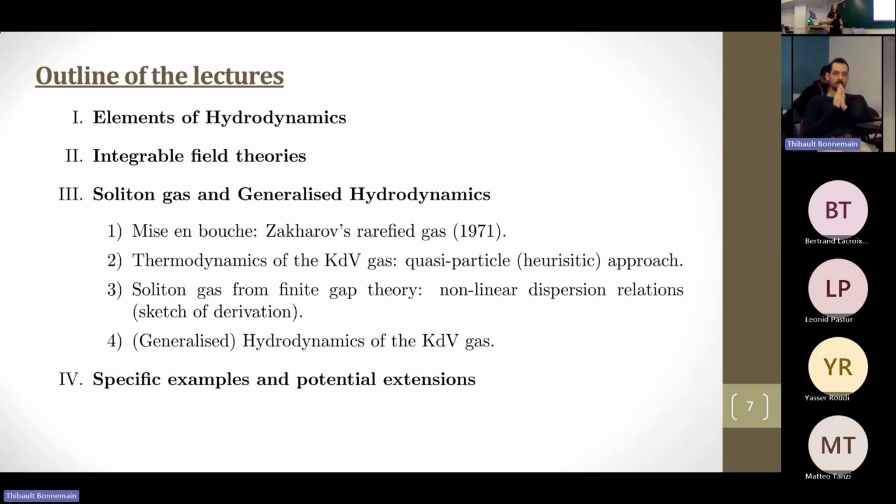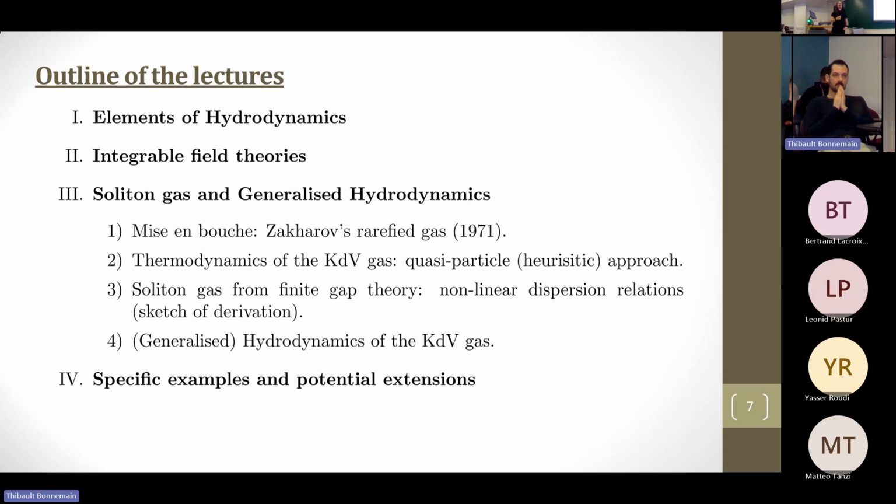Also, it concerns itself with a very simplified version of the soliton gas, and so it will allow me to introduce some of the key aspects. Then I introduce the thermodynamics of the KdV soliton gas, and I do so by using some heuristic argument based on the fact that solitons somewhat behave as classical particles.